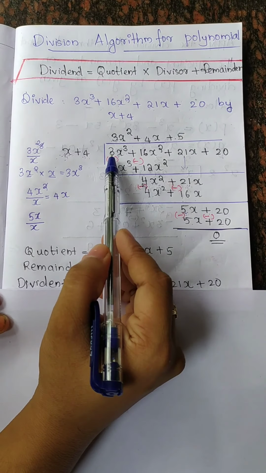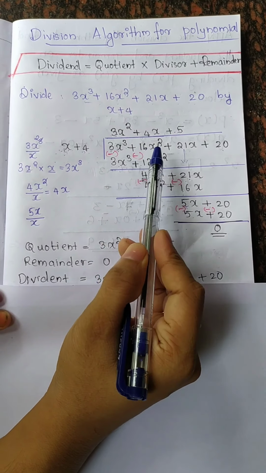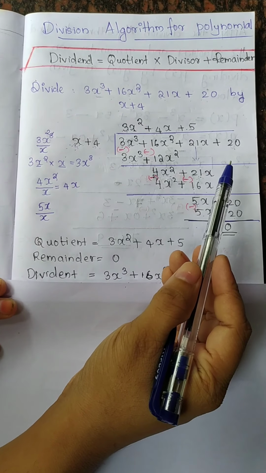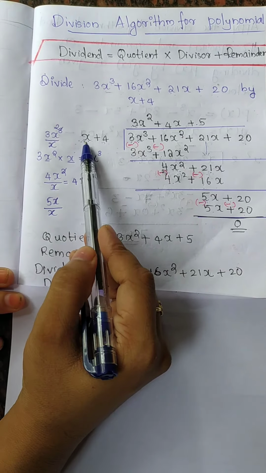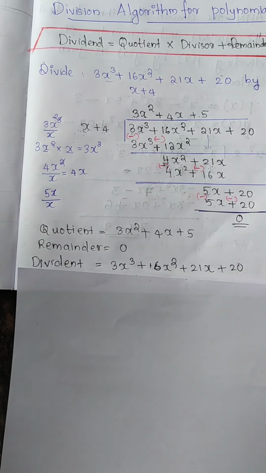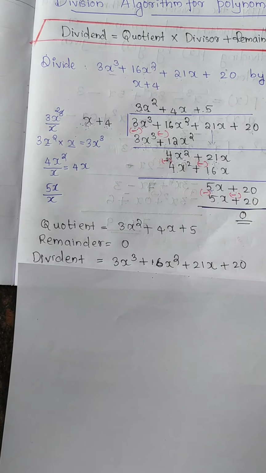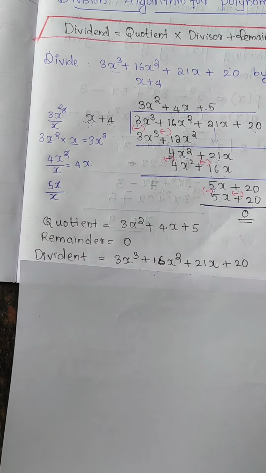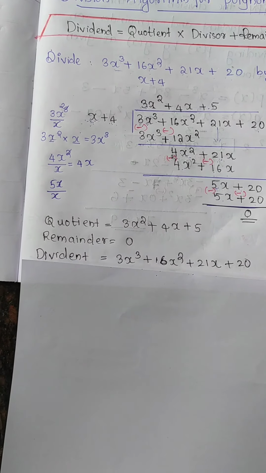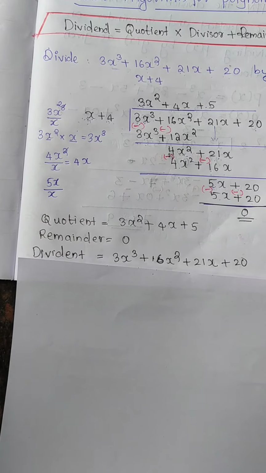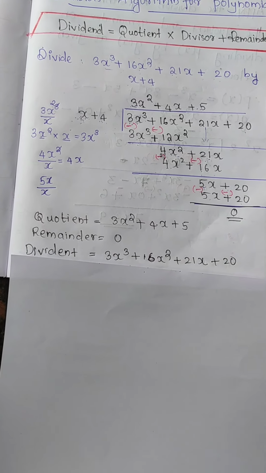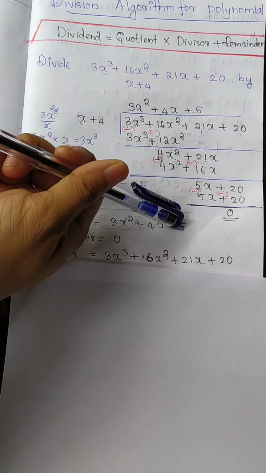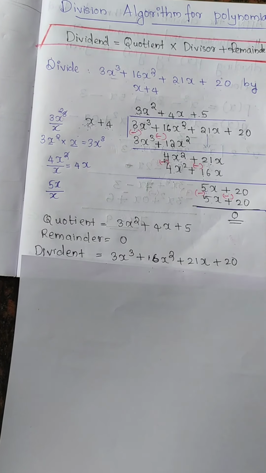The dividend is 3x cube plus 16x square plus 21x plus 20, and the divisor is x plus 4. So when we divide 3x cube plus 16x square plus 21x plus 20 by x plus 4, we get the quotient as 3x square plus 4x plus 5 and remainder as 0.